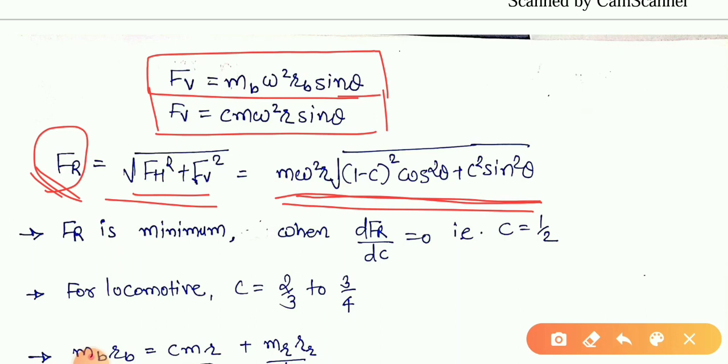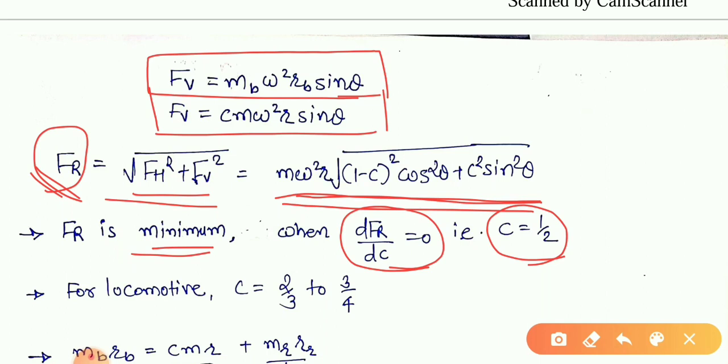Now this force will be minimum if we take the derivative of it with respect to c. It will be minimum for the value c equal to 1 by 2. So the unbalanced force is minimum for c equal to 1 by 2.